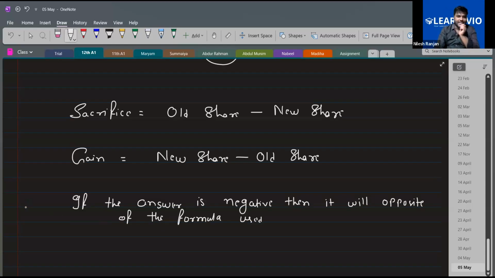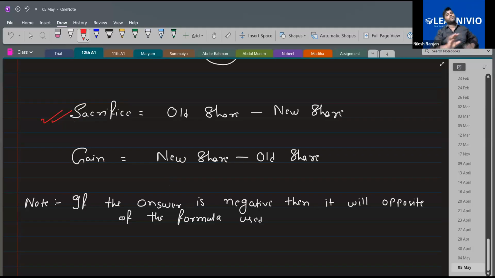Means if you are calculating sacrifice and the answer is positive, then it is sacrifice. But if it is negative, then it will be the opposite of the formula used, meaning it will be gain. And if you are using the formula of gain and your answer is negative, then it is sacrifice. Understood? Yes, sir.